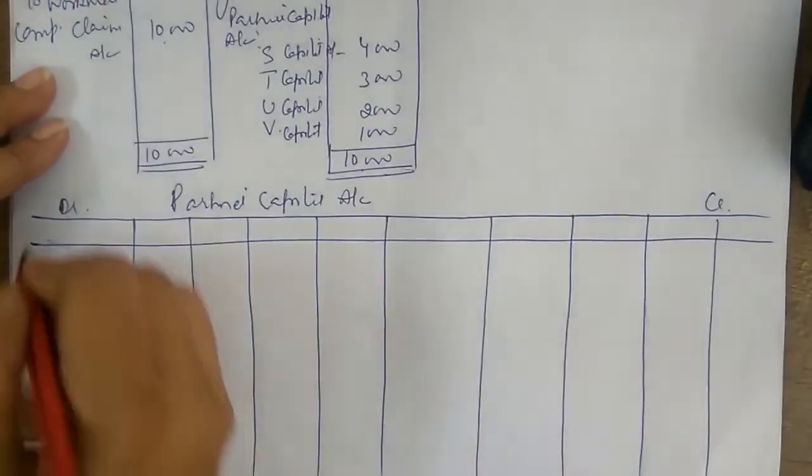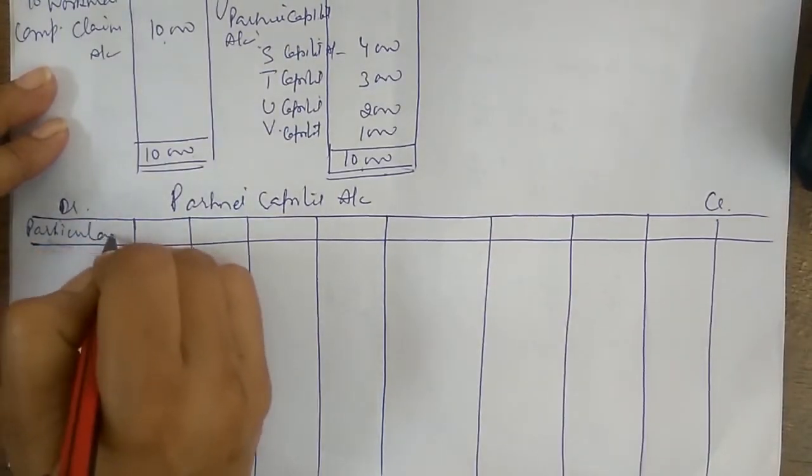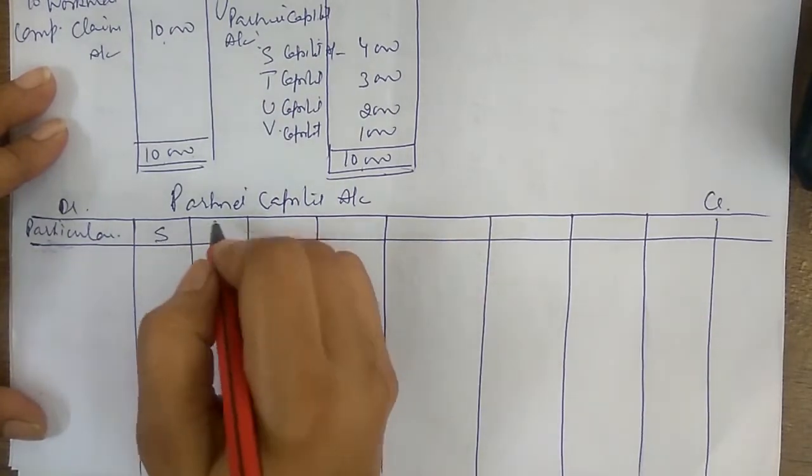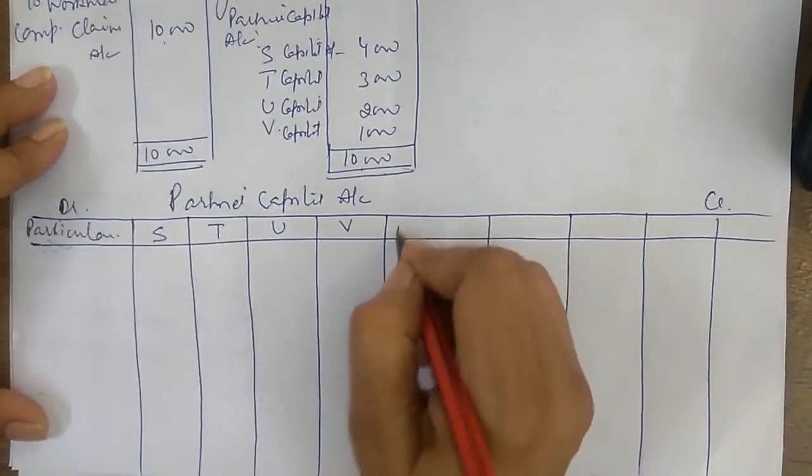Clear बच्चे? Now complete the format first. Name of the partner, S, T, U, V.